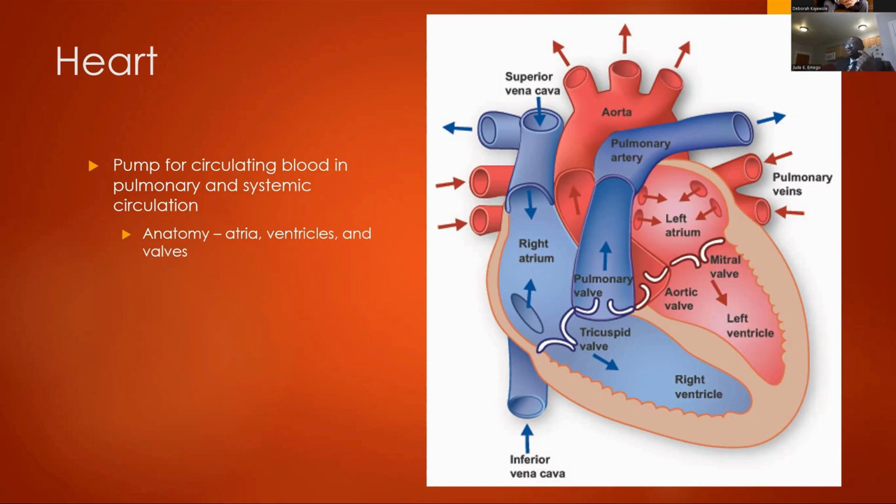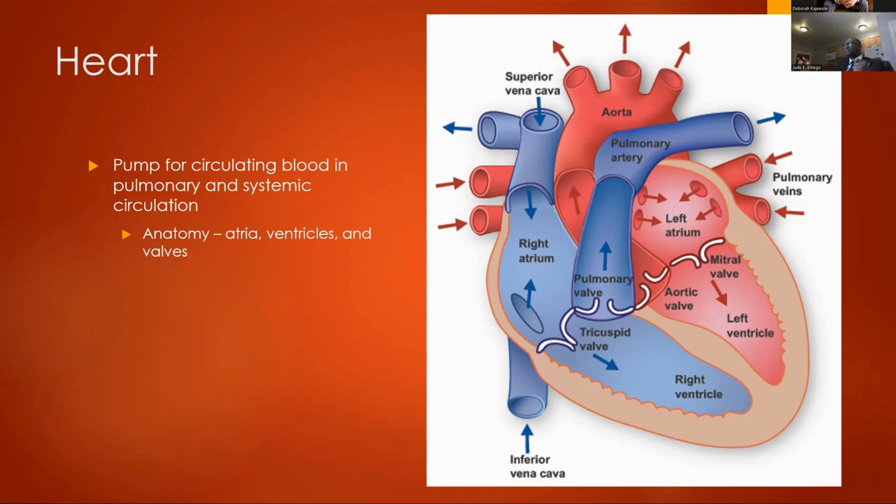It's going to go through the right atrium, and you're going to see the little valve there, with the arrow. That's the tricuspid valve. And then it's going to pump it through another valve, the pulmonary valve, into the pulmonary artery, and then it goes through the lungs and gets that oxygen that we need.